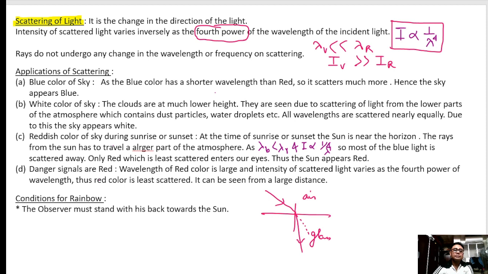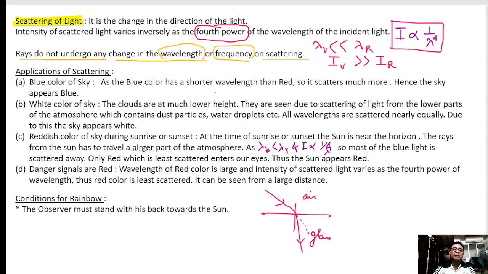Clear? Next, X-rays do not undergo any change in the wavelength or frequency on scattering. Please note these two points: no change in the wavelength or frequency due to scattering.